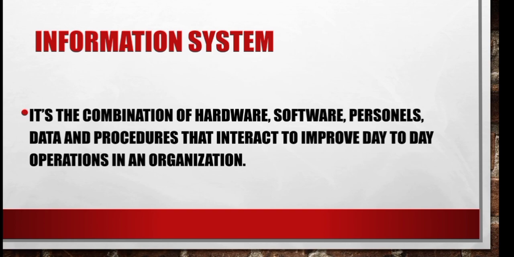So, the combination of hardware, software, and personnel, when combined, improves the day-to-day operations in an organization. Remember what an organization is and what organizations do. These are big institutions producing information or giving out communications.